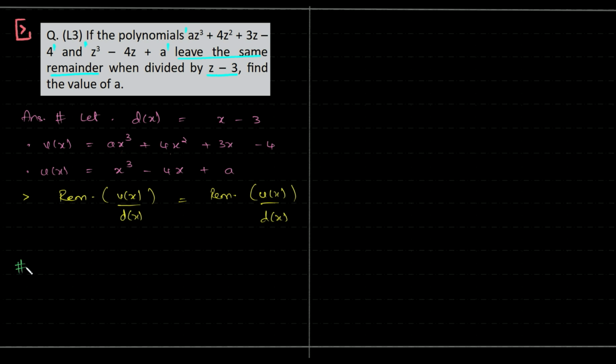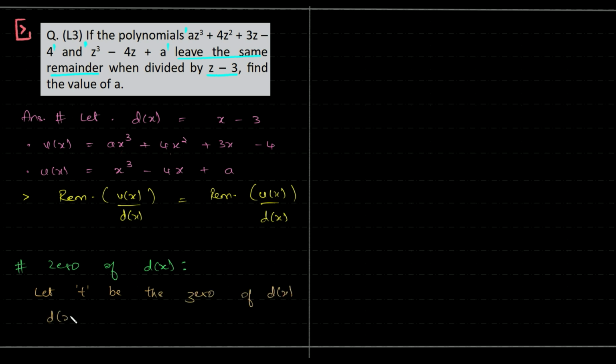So the very first thing is we need to make use of remainder theorem. What does the remainder theorem tell you to do? First find the zero of d of x. Let's not think too much, let's just go through the process. Let t be the zero of d of x.